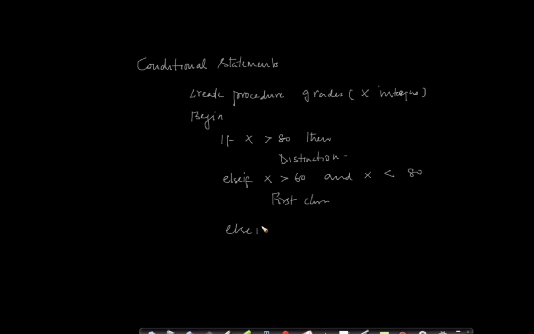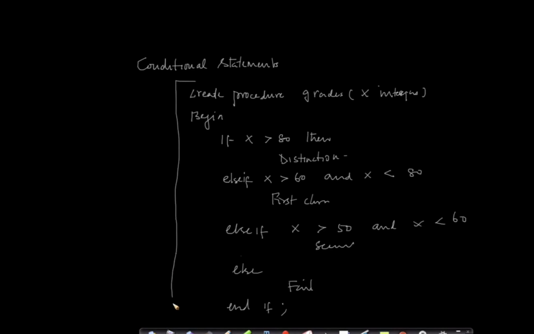Else if x is greater than 50 and x is less than 60, we will say second class. Else we will say fail. That means if x happens to be less than 50 also, we will say fail. And don't forget the end if. Can you write this as a procedure and see if it is working?